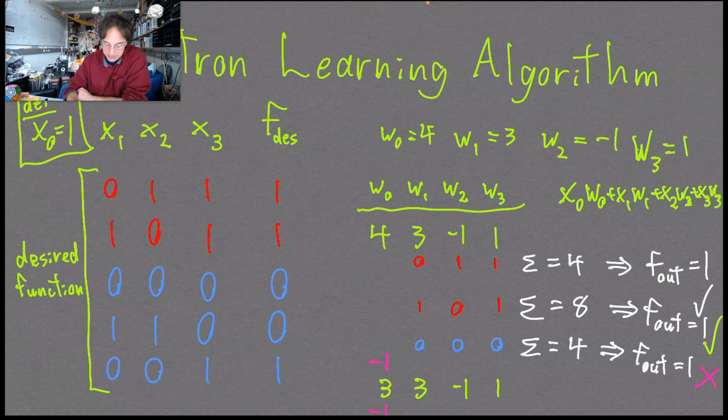Those are the same thing. So if you have a vector X, which is given by X0, X1, X2, and X3, and you have a vector W given by W0, W1, W2, W3, then this sum is exactly the dot product of these two vectors. It's a scalar product, right?